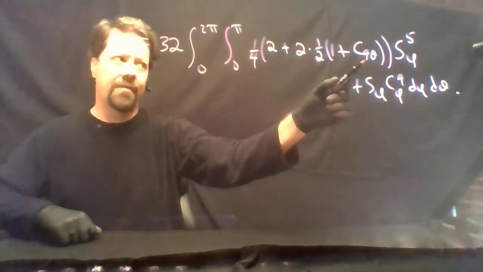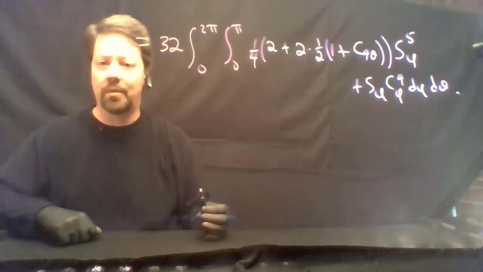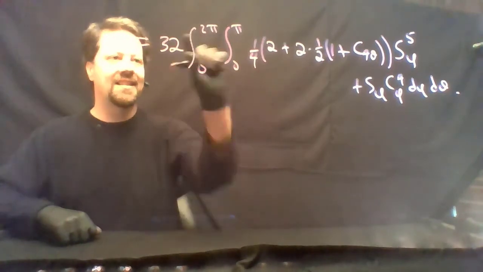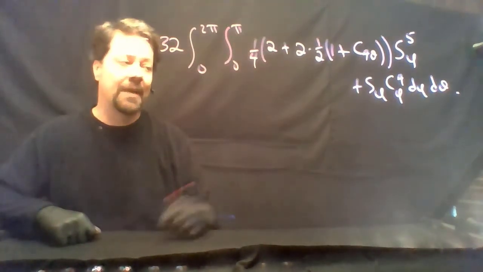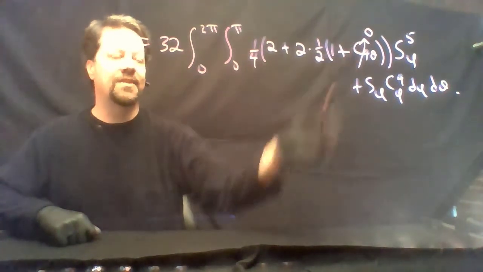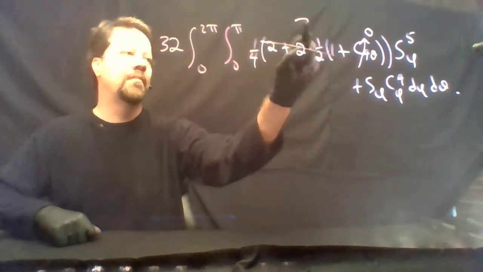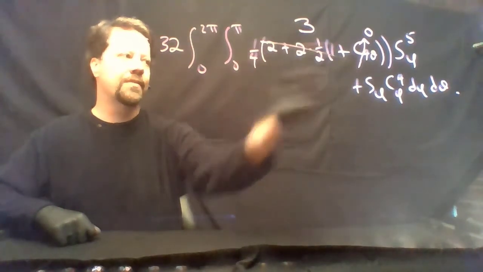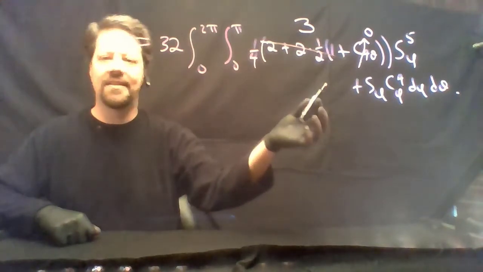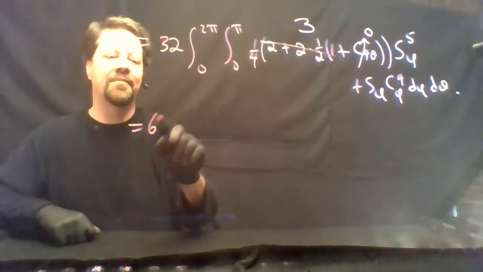Cosine 4 theta has a period of 2 pi divided by 4, or pi over 2. Since theta is being integrated from 0 to 2 pi, we get nothing from this term. We end up with just a 3 here, or a 3/4 times that sine to the fifth. There are no more thetas in the integrand, so at this point we get 2 pi for free.